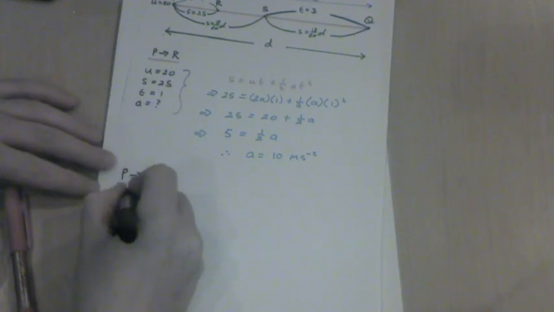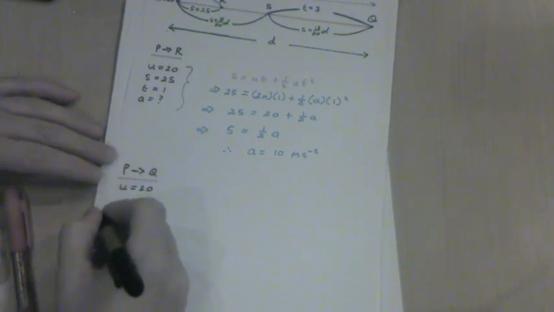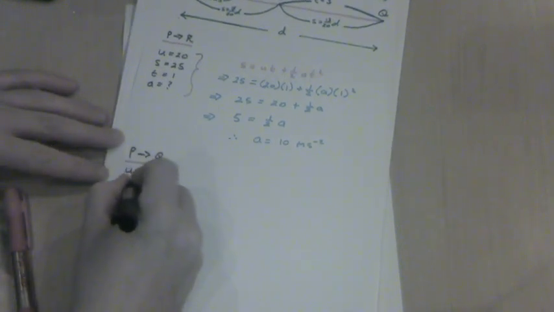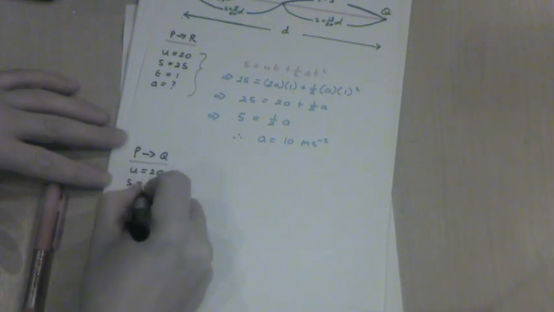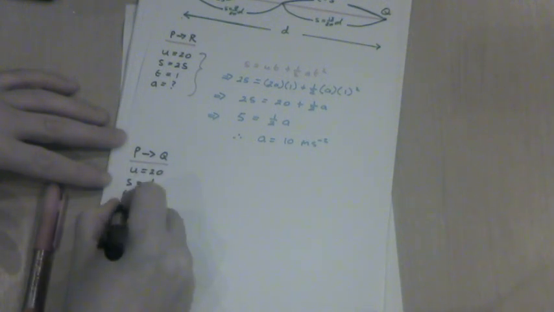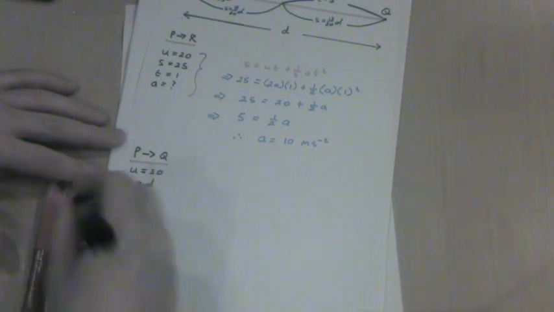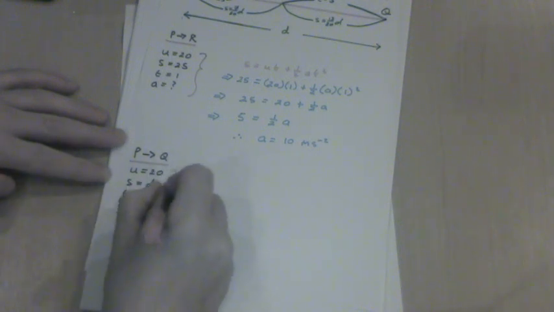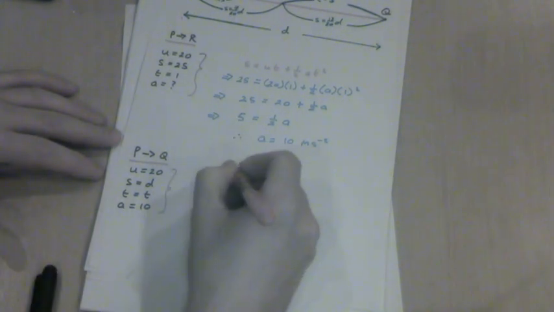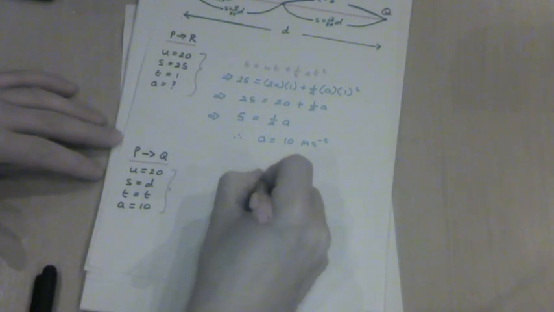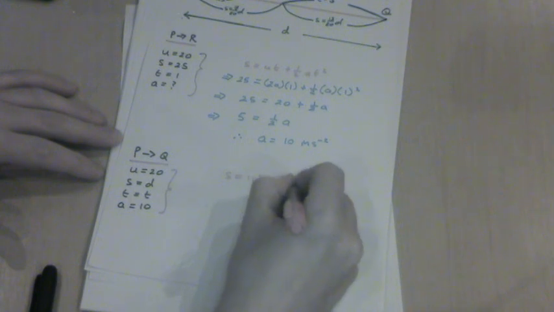Again, with these 4 variables, we'll use s equals ut plus a half at squared.